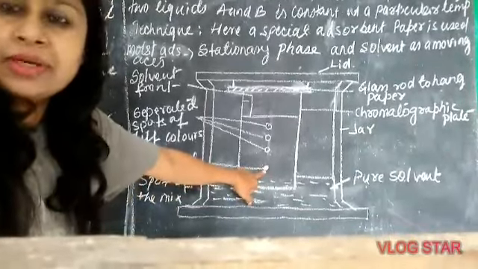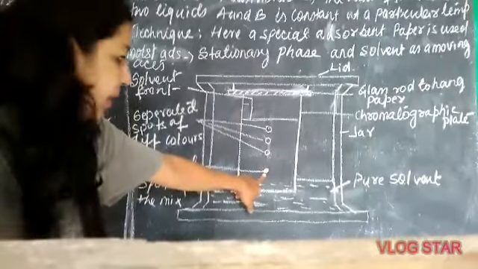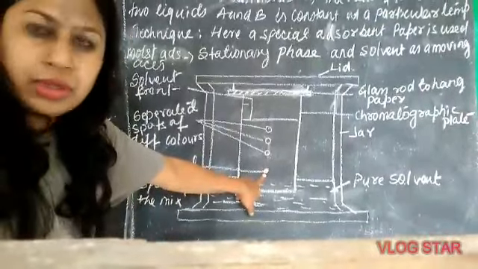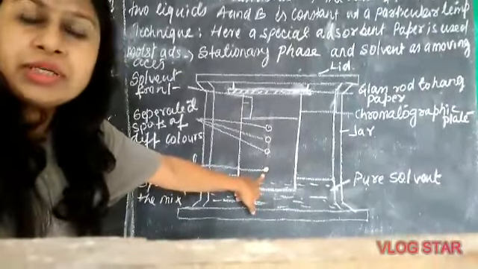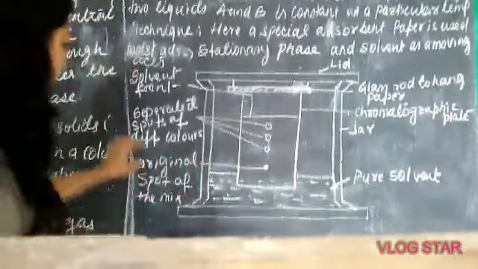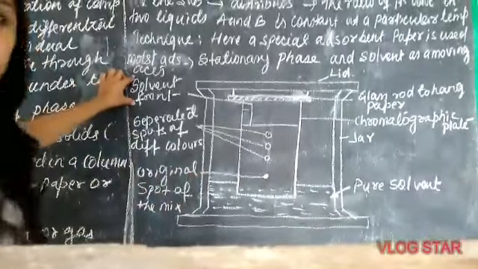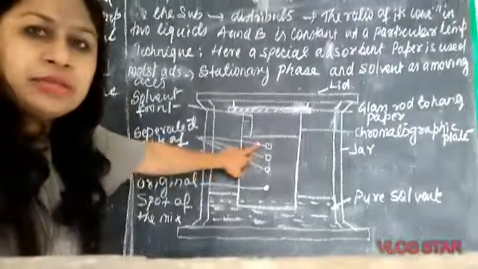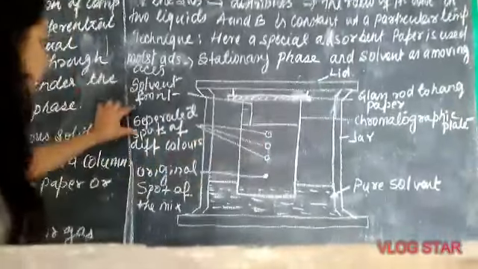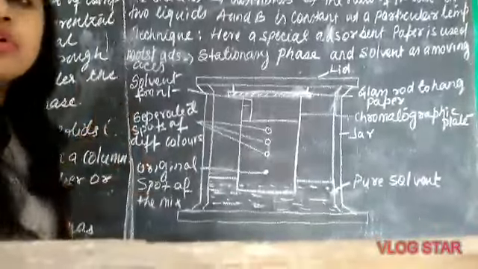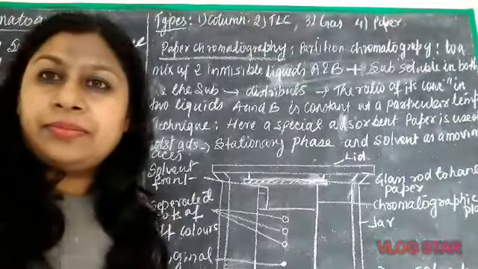This is a spot of the mixture which we are supposed to separate, and the process of putting a spot is known as loading. This is the solvent front, and these circles which you see here are separated spots of different colors.